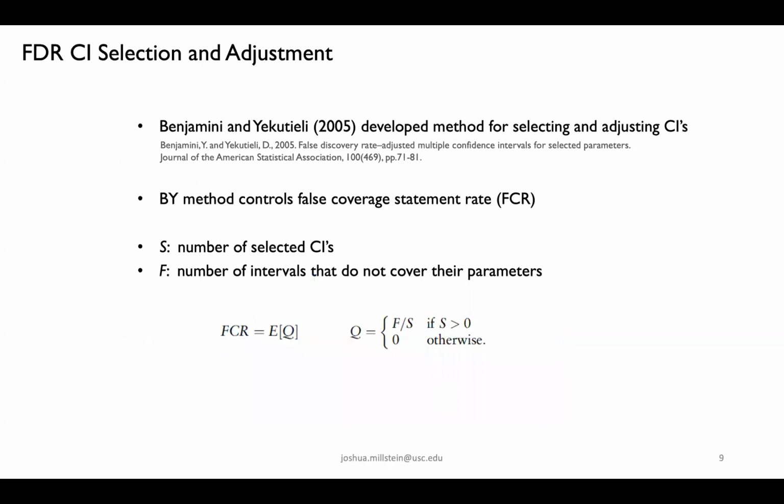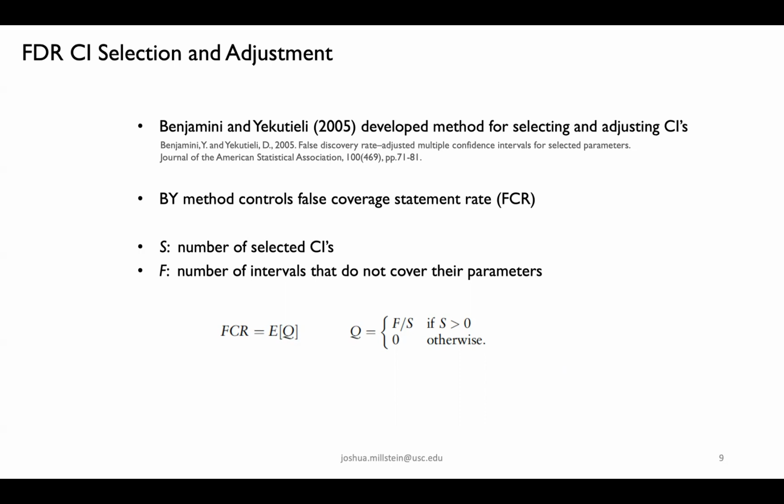Benjamini and Yekutieli in 2005 published this paper where they actually take a related approach to address this issue of multiple intervals. But they wanted to adjust the interval using the idea of false discovery rates rather than the family-wide error rates.